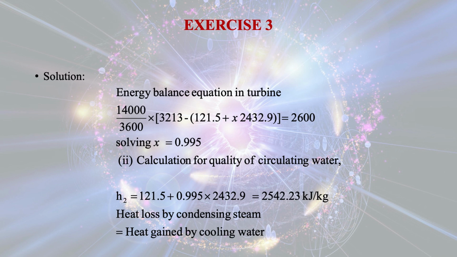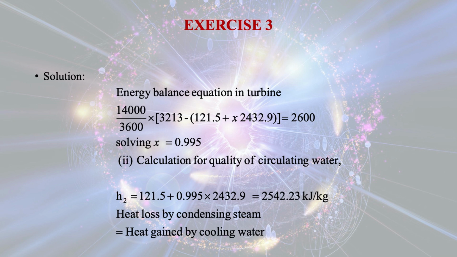Now we have to calculate the next part of this numerical. Before that we have to calculate the enthalpy at state 2, that is H2 is equal to 121.5 plus 0.995 multiplied by 2,432.9, that comes out to be 2,542.23 kilojoule per kg. So you have got the enthalpy at state 2, that is H2.